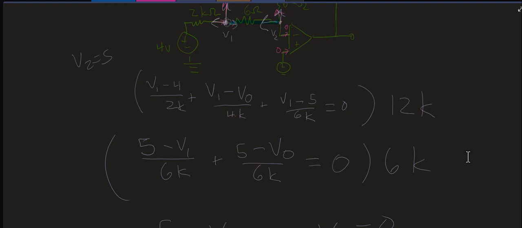V1 minus 4, V1 minus V out, V1 minus 5. Vn minus V1, Vn minus V out.